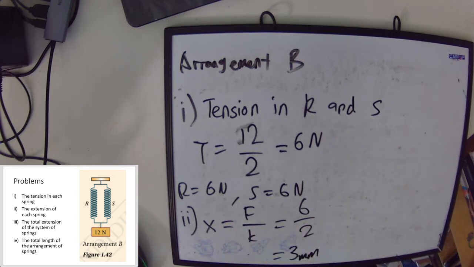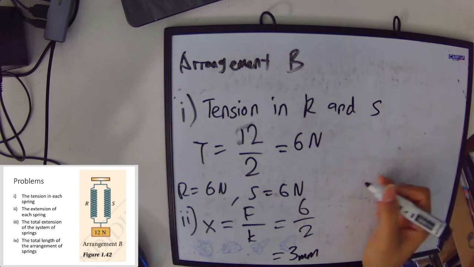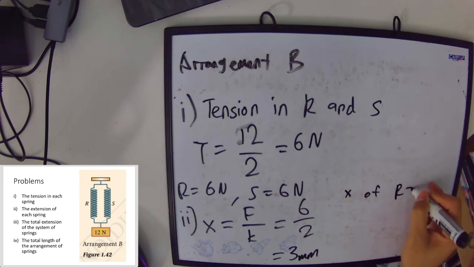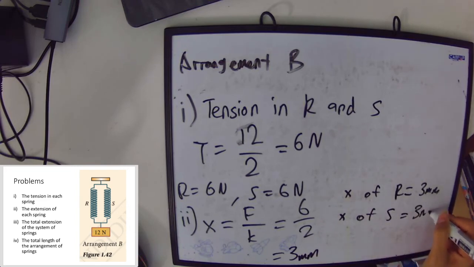So each spring is extending by 3 millimeters. Let me write it nicely here. So extension of R equals 3 millimeters. Extension of S equals 3 millimeters.